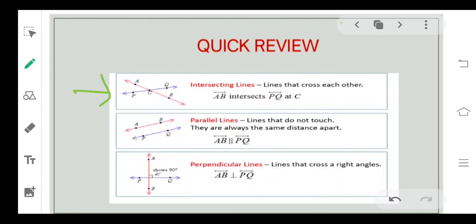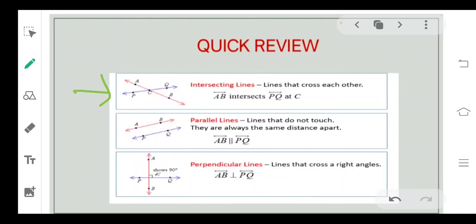In this view you can see that AB intersects PQ and point C is called the intersecting point. Next, parallel lines: lines that do not touch, they are always the same distance apart. Here AB is parallel to PQ.